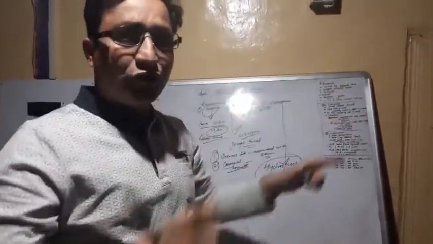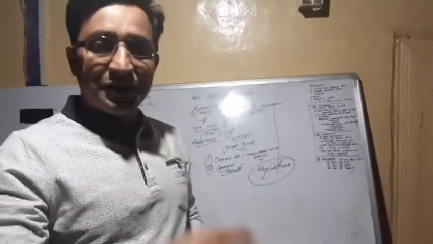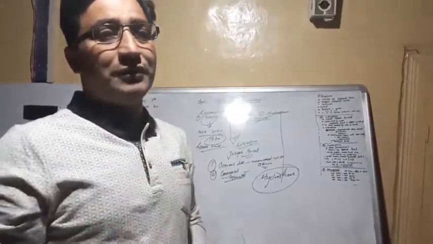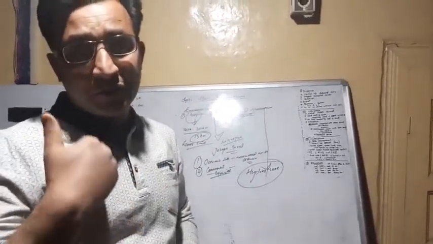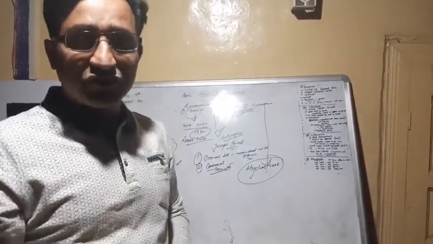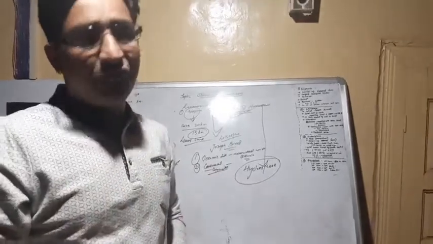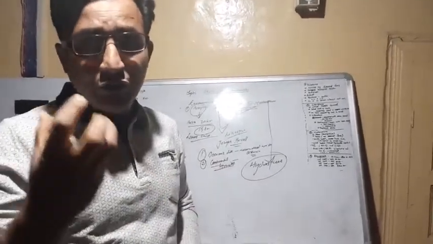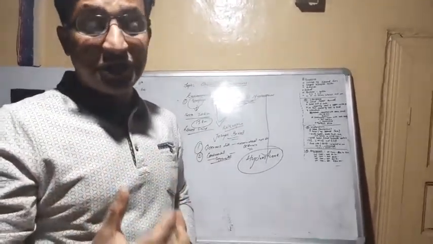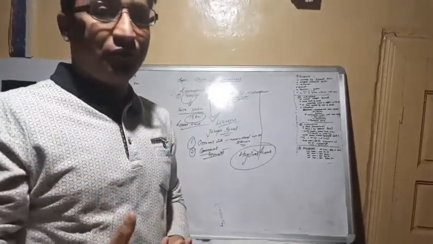We can also divide the atmosphere into two main spheres: the homogeneous atmosphere and the heterogeneous atmosphere. The homogeneous atmosphere has a uniform chemical composition.